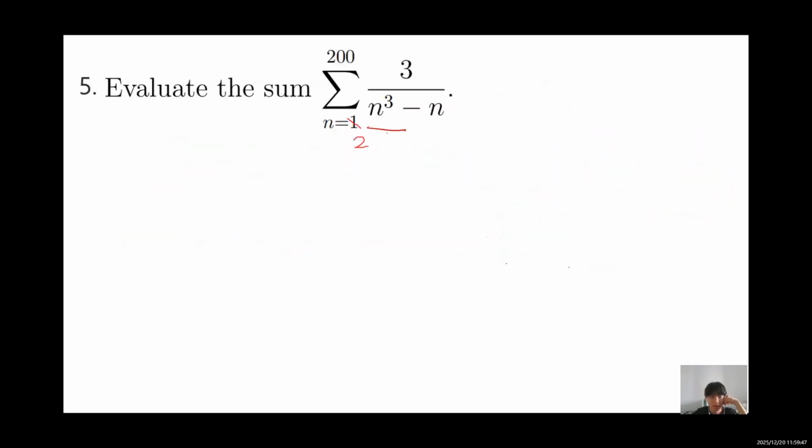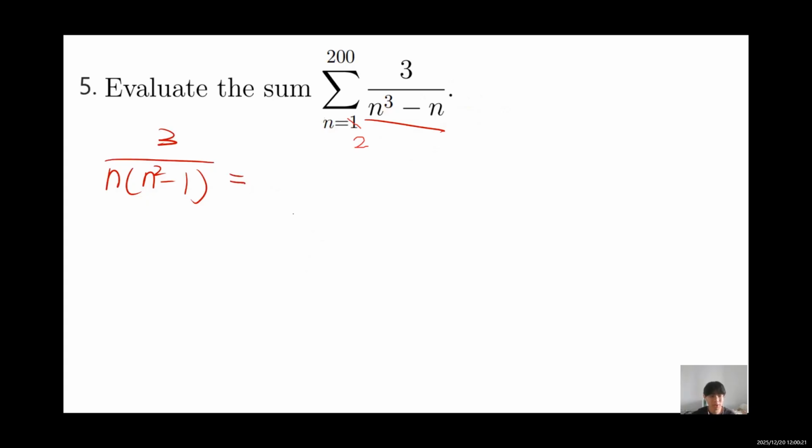Okay, this one. Oh, degree 3, degree 0. 0 is less than 3, so we needn't do long division to get the q here. Then what we should do is to factorize this to use partial fraction. n squared minus 1 over n cubed minus n.